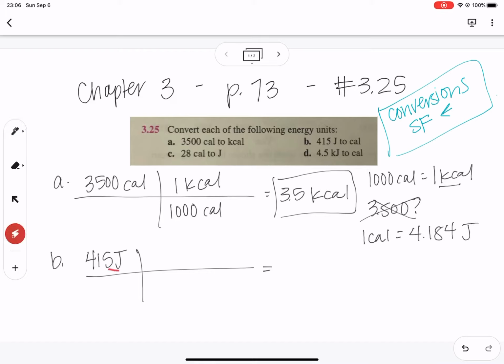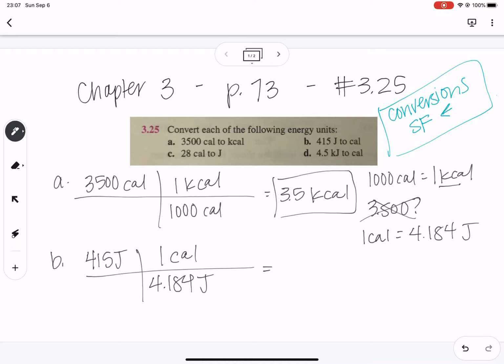And whatever unit is here has to go down here, 4.184 joules it is. So 4.184 joules, and that's equal to 1 calorie. Now if you type this into your calculator, you would type 415 times 1 divided by 4.184, but you don't have to type times 1, so 415 divided by 4.184.